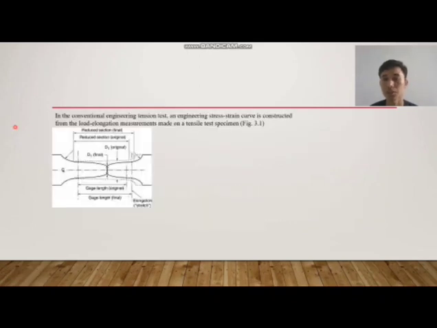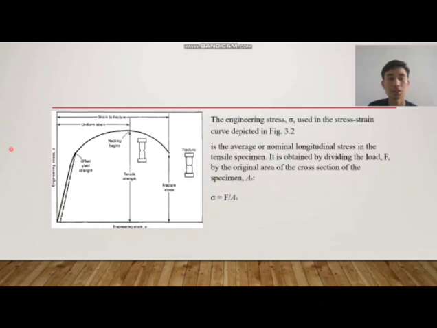Next, in the conventional engineering tension test, an engineering stress-strain curve is constructed from the load-elongation measurements made on a tensile test specimen, Figure 3.1. The engineering stress sigma used in the stress-strain curve depicted in Figure 3.2 is the average or nominal longitudinal stress in the tensile specimen.